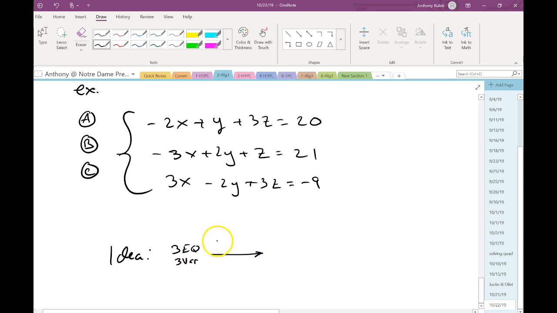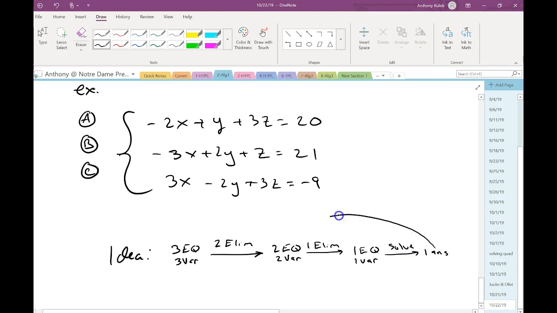We're going to do 2 eliminations, and that'll give us 2 equations with 2 variables. And then we'll do 1 elimination to get us 1 equation with 1 variable. We solve that to get 1 answer.